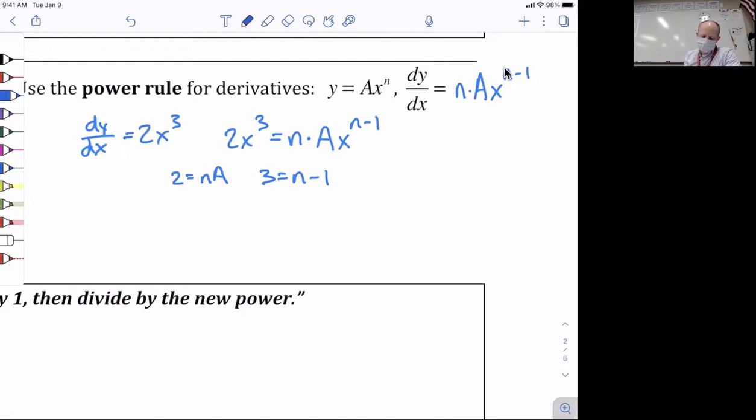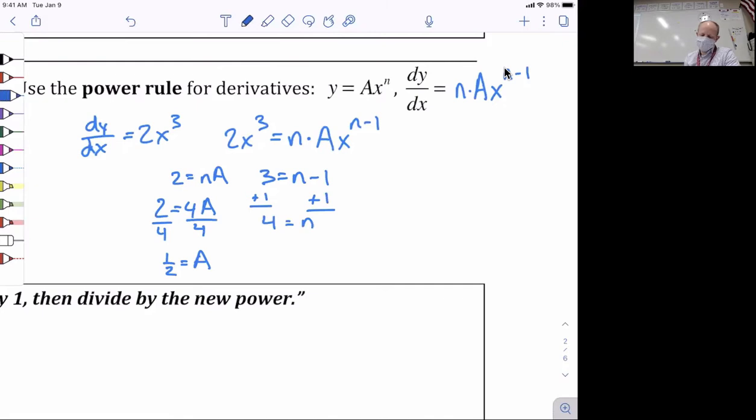It looks like we can solve for n by adding 1. So we know that n has to equal 4. Well, if n equals 4, then we should be able to find a, right? We would say 2 equals 4a. And so we end up dividing by 4, which was n. Now this would give us 1/2.